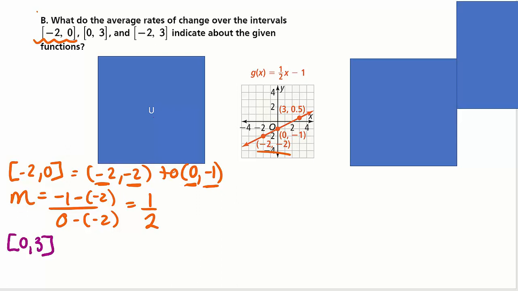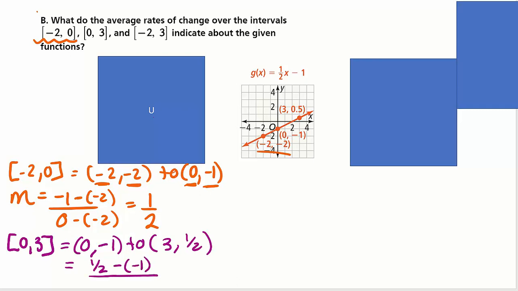We do the same thing for the next interval of 0 to 3, so we need the coordinates. That's 0, -1 to 3, 1/2. y2 minus y1, so that's 1/2 minus -1 over 3 minus 0.